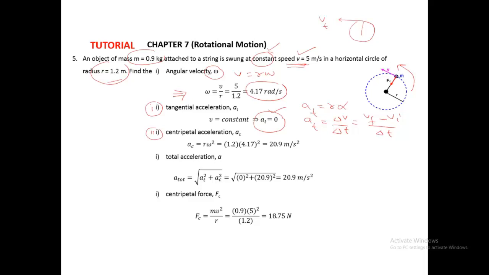Number 3, centripetal acceleration. We have two relationships for centripetal acceleration. We have v square over r and we have r omega square, right?